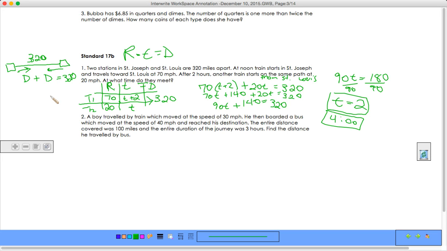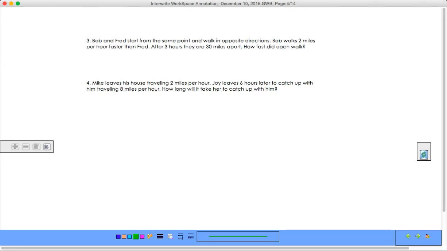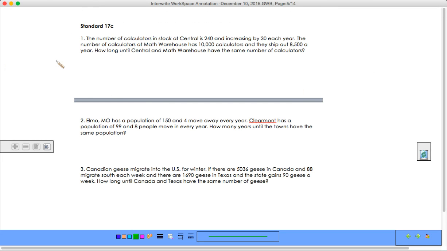So now let's look at 17C, which is a population problem. And I actually think these are some of the easier systems because we've been writing this type of equation all year long.